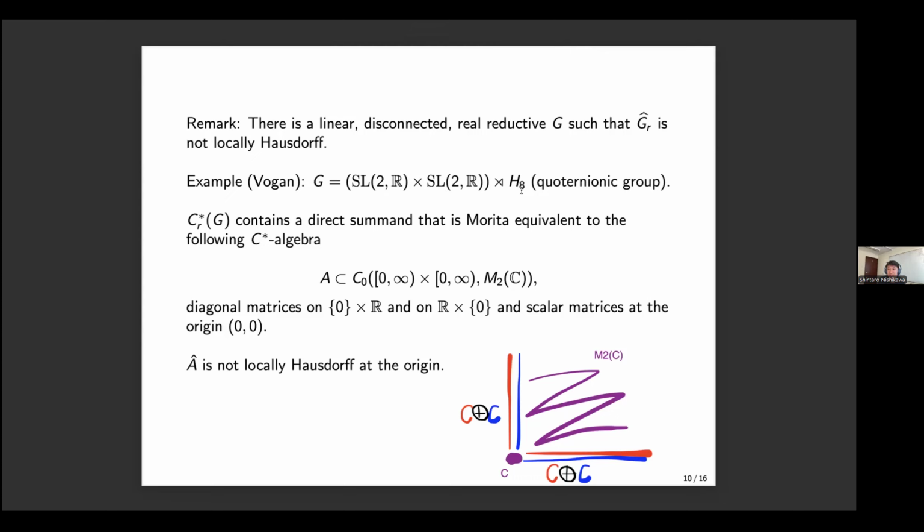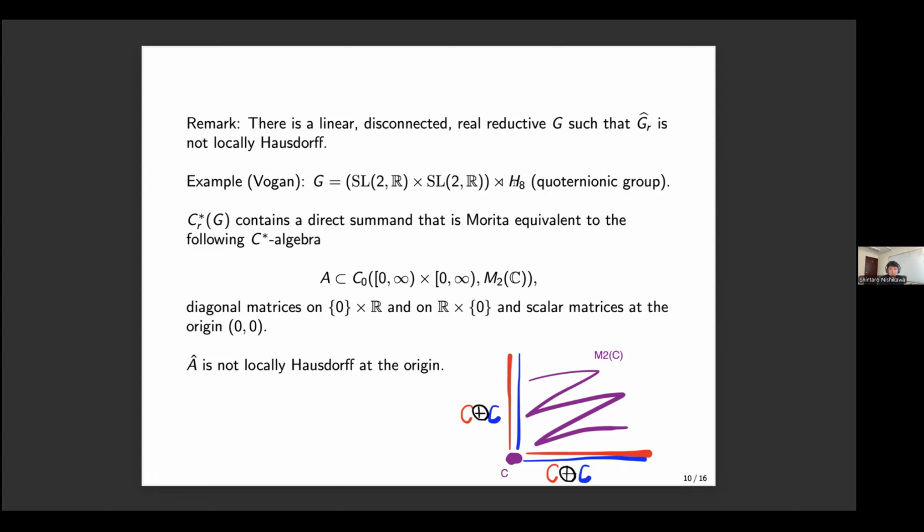So you have i, j, k, and ij is k, and so on. This guy has a center, but the center acts trivially, and then i acts by an automorphism factoring through O2, and j acts by an automorphism factoring through O2 on here. So it's just the inner action inside GO2. This action is quite simple-minded.